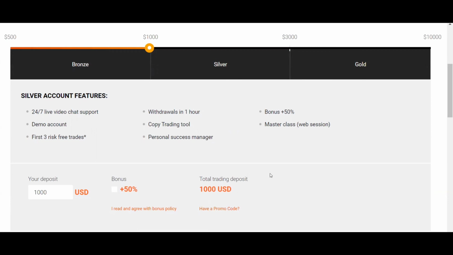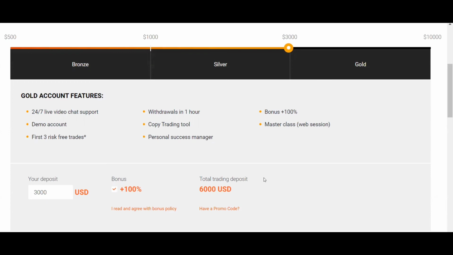Okay. So once you get to $3,000, I'm just going to put $3,000 here. So when you want to deposit, for example, you want to start with $3,000. Now your bonus is 100%. So if you put in $3,000, this is what your account's at.